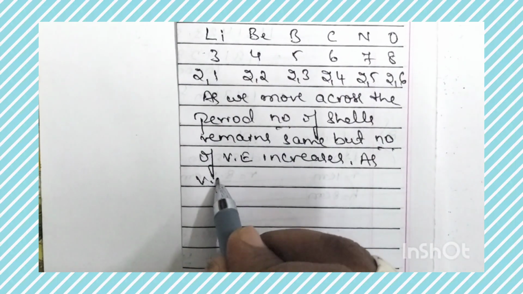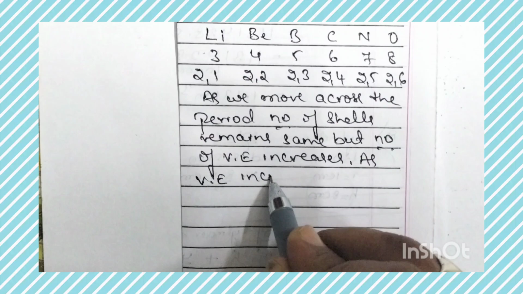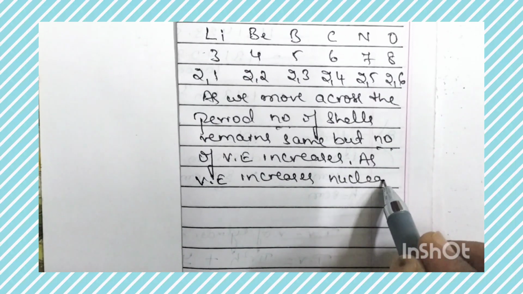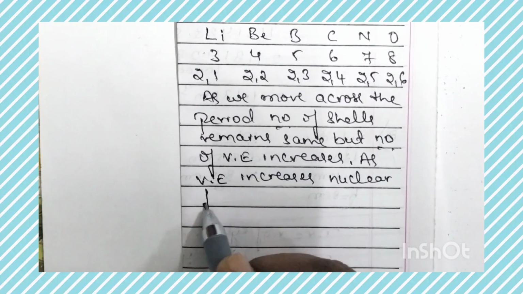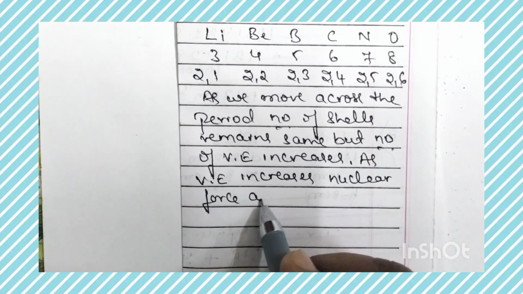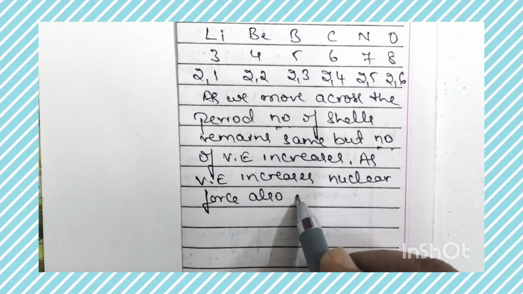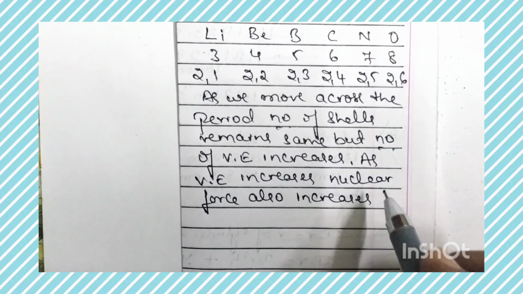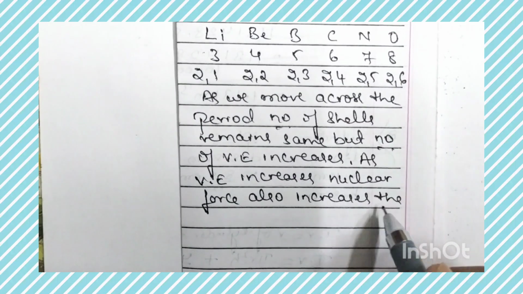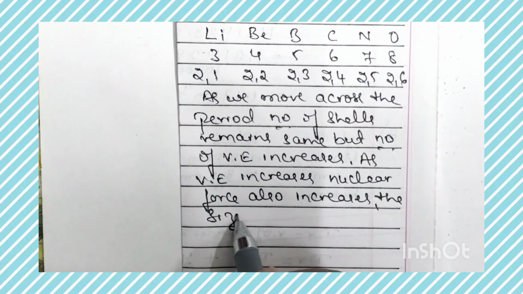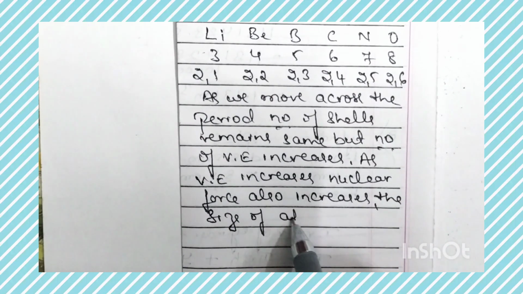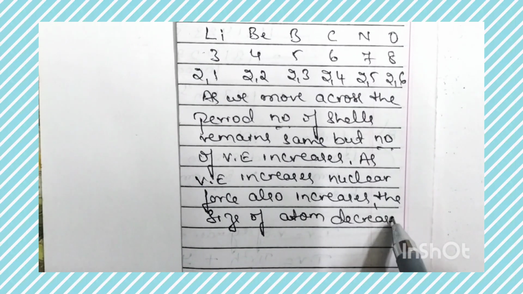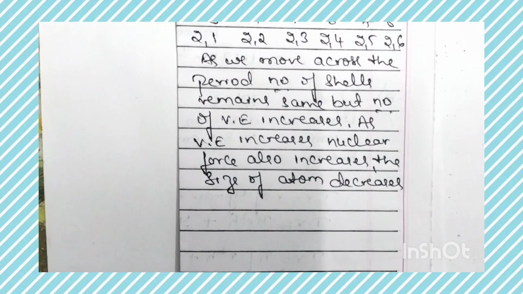As valence electron increases, nuclear force also increases. As nuclear force increases, the size of the atom decreases. So size of the atom decreases.